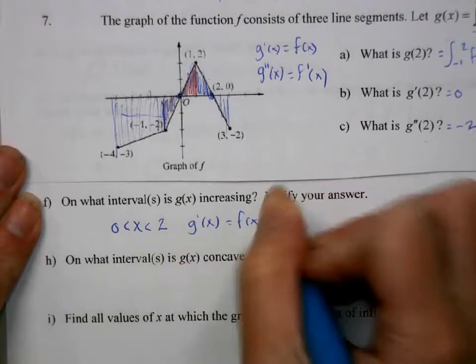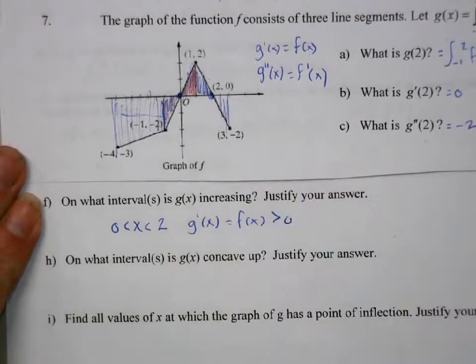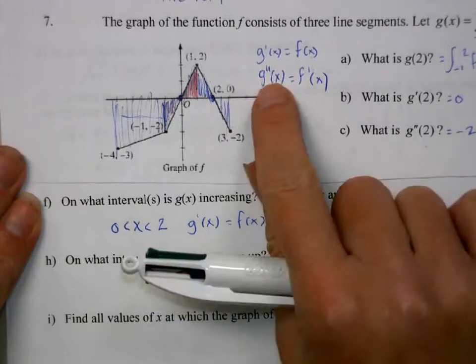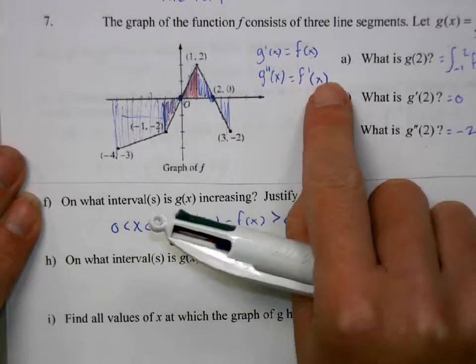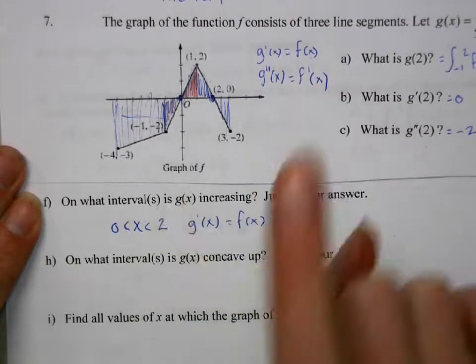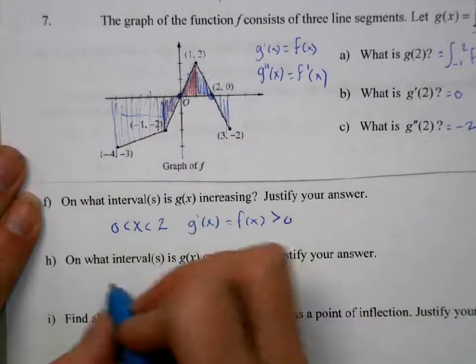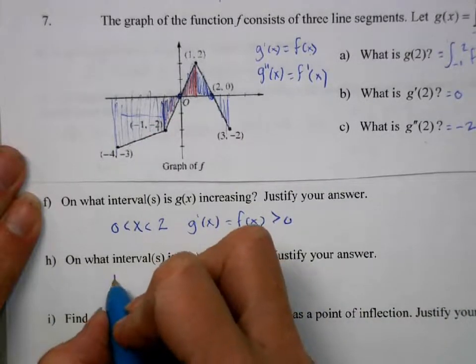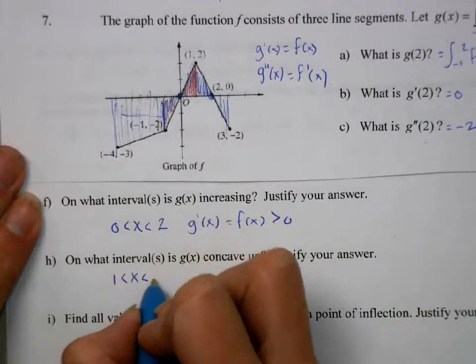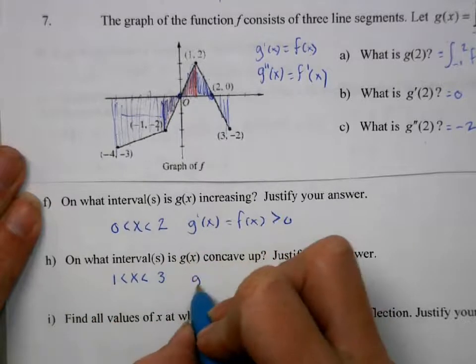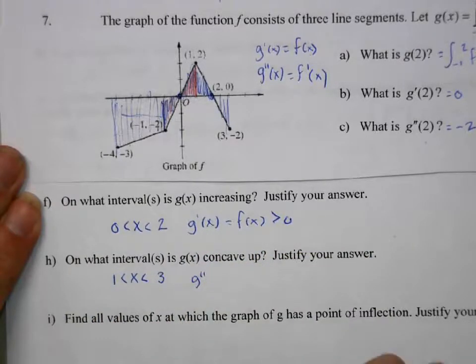On what intervals is the graph concave up? Well, this concavity is going to be determined by the slopes of f. So when this graph is decreasing, which happens from 1 to 3, scratch that, we want concave up.